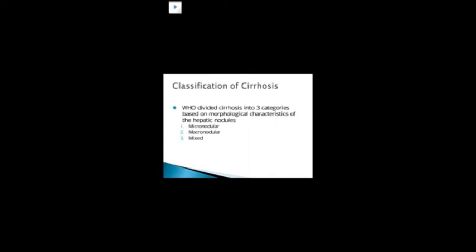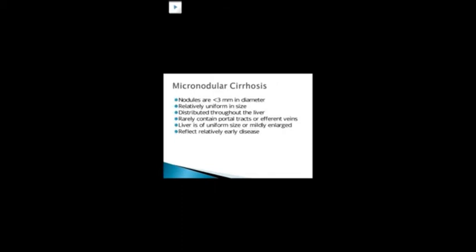WHO divides cirrhosis into three categories based on morphological characteristics of the hepatic nodules: the micronodular, the macronodular, and the mixed one. Now, coming to micronodular cirrhosis. Here the nodules are less than 3 mm in diameter, by definition, relatively uniform in size, distributed throughout the liver, and rarely contain portal tracts or afferent veins.